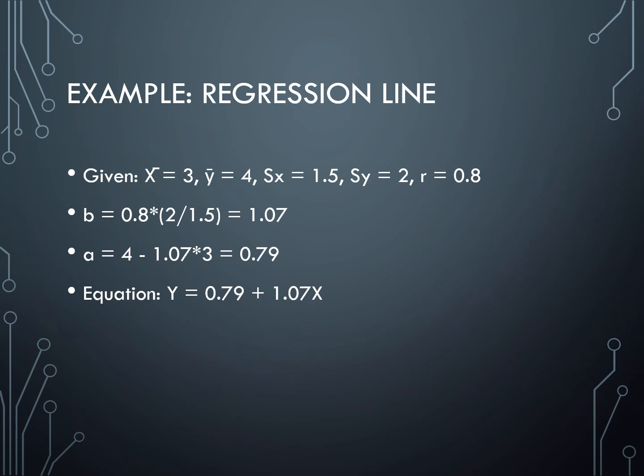Then b equals 0.8 times 2 divided by 1.5, that is 1.07, and a equals 4 minus 1.07 times 3, that is 0.79. So the regression equation is y equals 0.79 plus 1.07x.